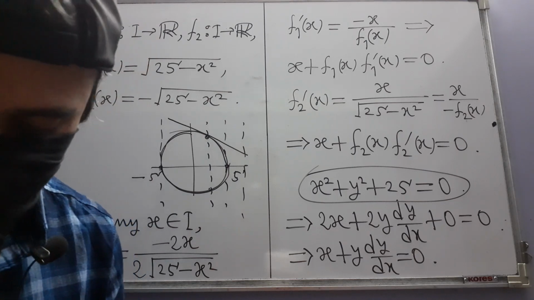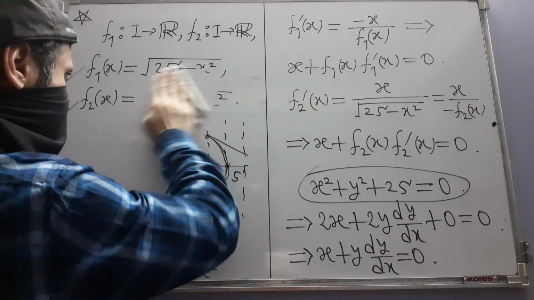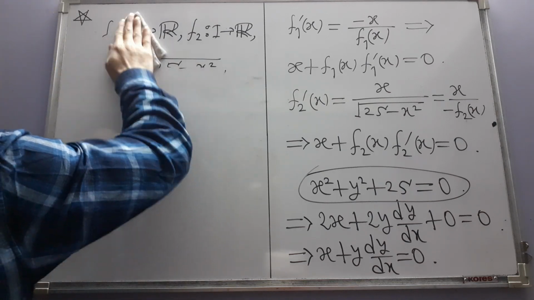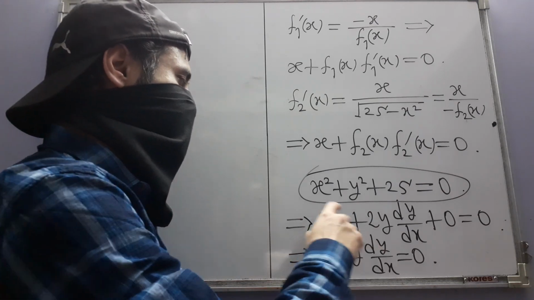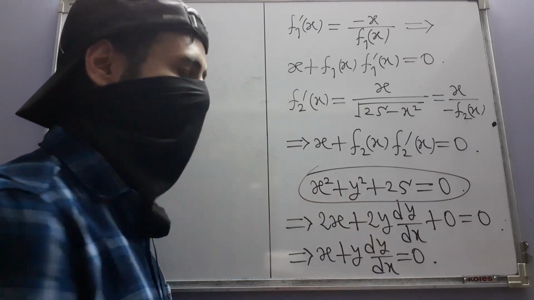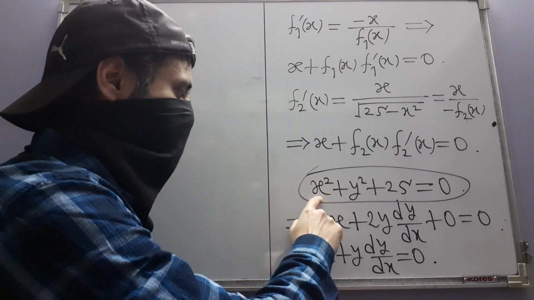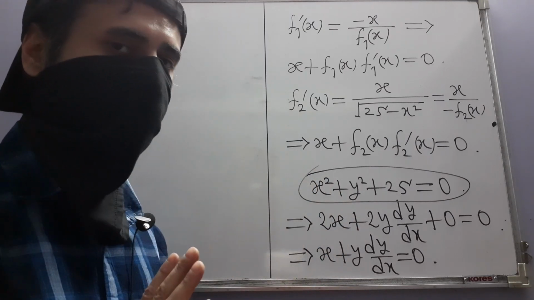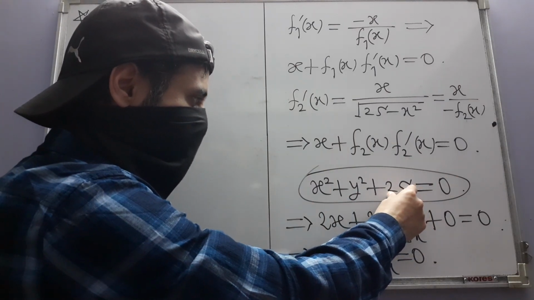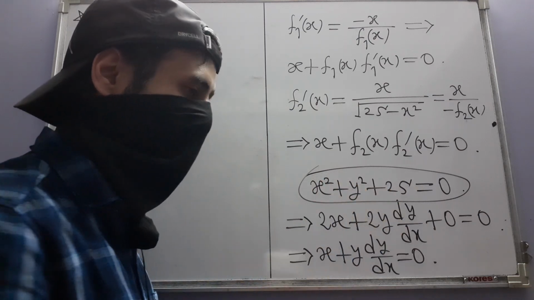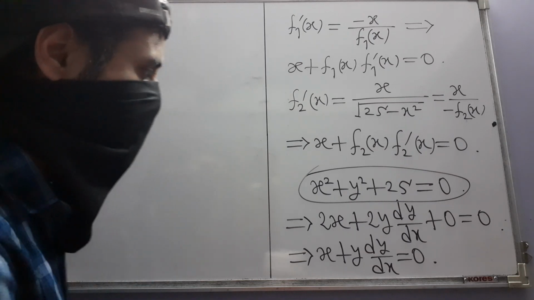No, we cannot. Let's see the reason. One reason is that there are no x and y values that satisfy this equation. That's because x square and y square are both non-negative. They are never negative. So how can you get 0? Already you have 25 here. For this to be 0, x square plus y square has to be minus 25, which is not possible if x and y are real numbers.